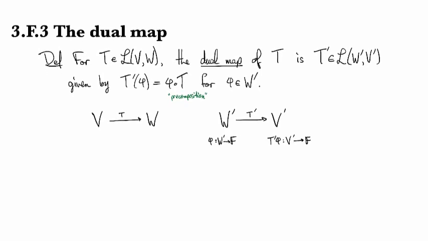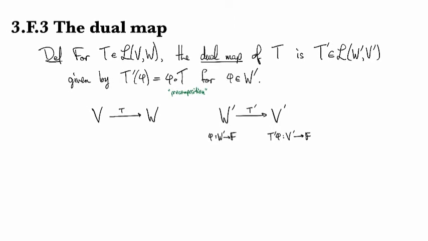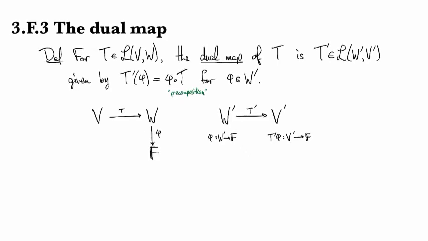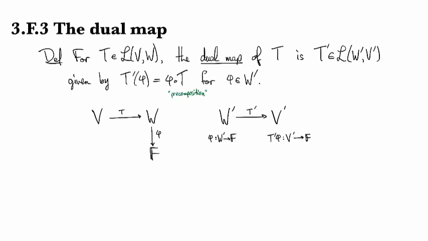All right, so what does that look like back in the original picture? Well, if we visualize the base field, the scalar field, being down here, then phi is going to be some function that goes like this. And then when we look at the composition, what we're actually doing is composing along these two right here, yeah?